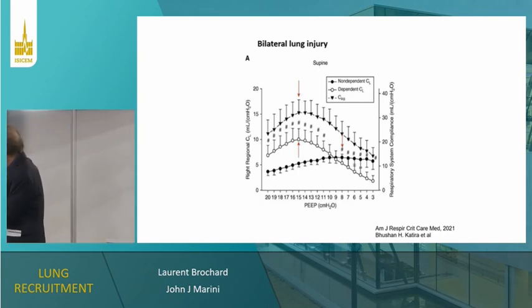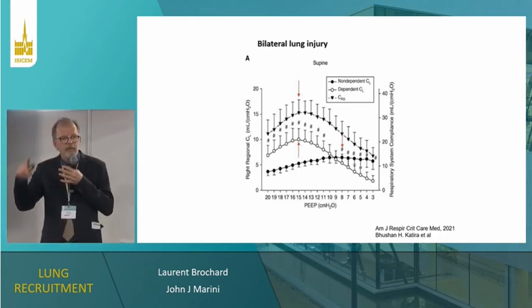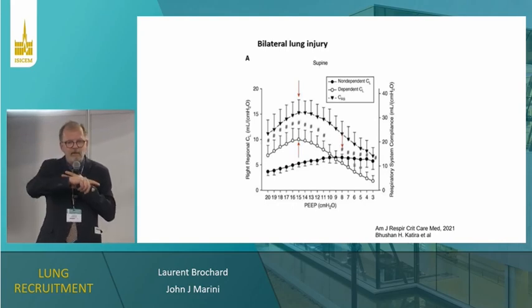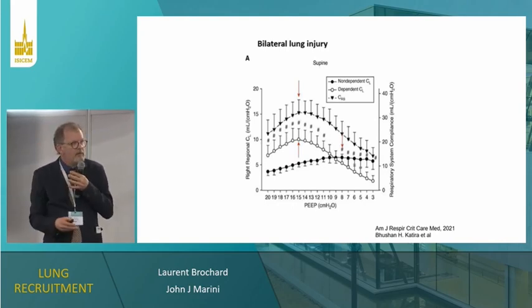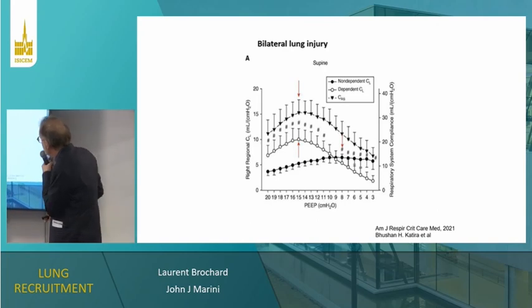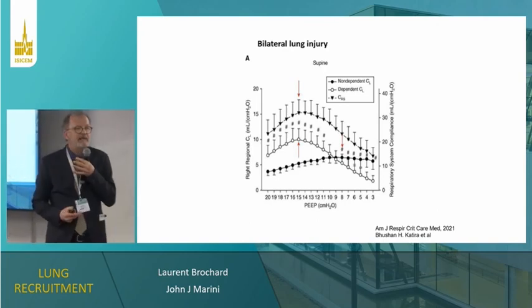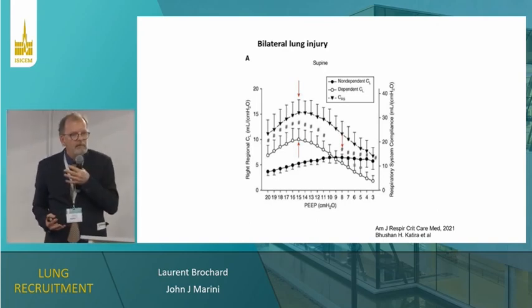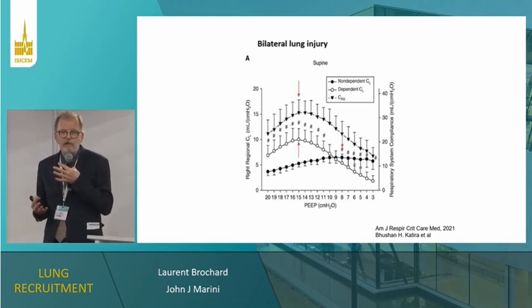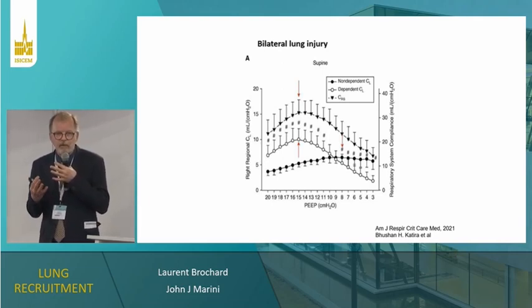And the curve on the top is the compliance of the respiratory system. So if you look at that, you say, PEEP of 16, okay, seems to be the optimal compliance, the optimal PEEP.